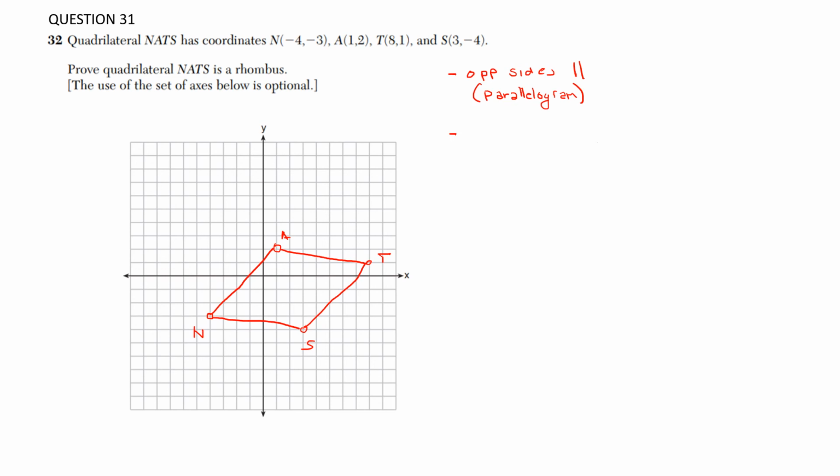So rhombuses have a property of their diagonals being perpendicular to one another. In this case, I'm going to mark it in green here. I'll mark this and this. They would have to be perpendicular to one another.